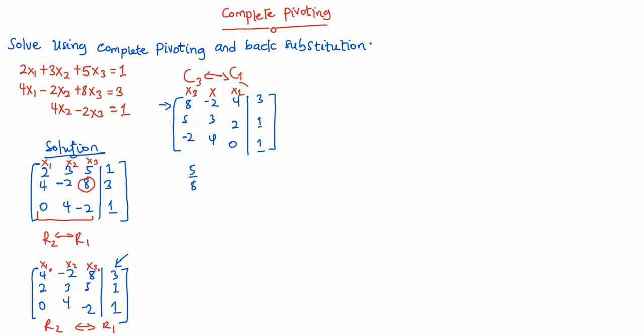When I do this, you're going to get 5 for the first entry here, and then when you subtract that from this 5, you're going to get 0. So you know that this entry is 5, and 5 minus 5 will give us 0, right? When I multiply through row 1 by 5 on 8, I'm going to get 5 for the first entry.